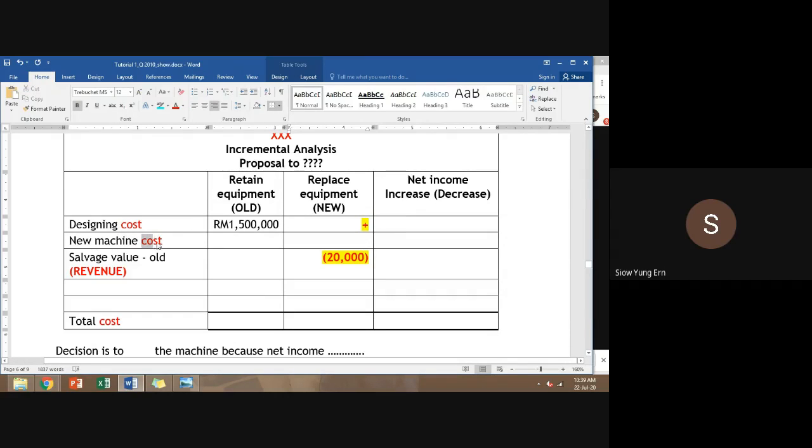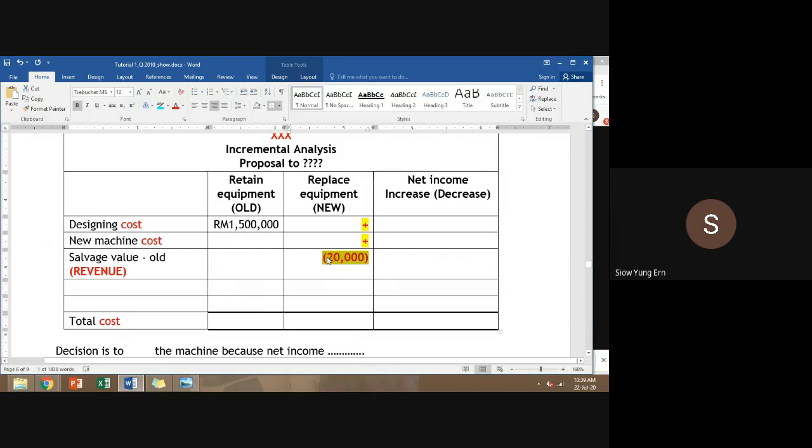This is also cost, no problem, so you add. But salvage value means you sell the things and you get money. So it is a revenue, it is an income. That's why they put a negative here, so that you will remember this is add, and this is minus.